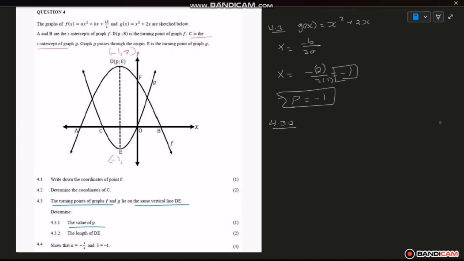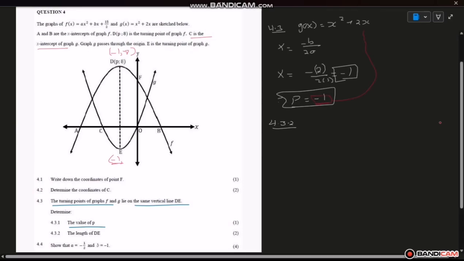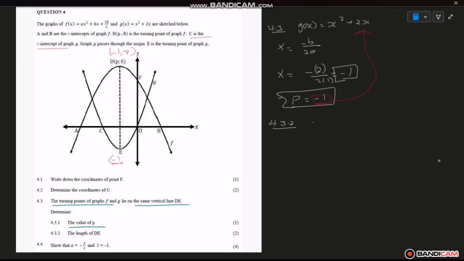Then you take the value of p as the x value of the turning point of both graphs, and you substitute it in the graph of g to find the corresponding y value. So g of negative 1, where there's x, you substitute negative 1 so you can find the corresponding y value. Negative 1 squared plus 2 times negative 1.